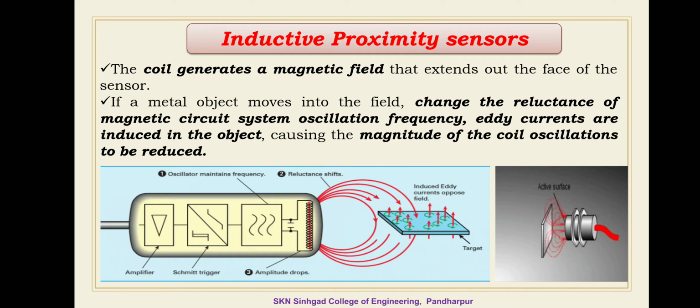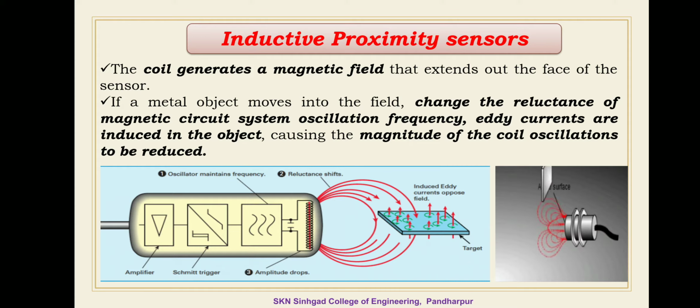In an inductive proximity sensor, the coil generates a magnetic field that extends out the face of the sensor. The figure shows an inductive proximity sensor. It consists of an amplifier, then a trigger circuit, and amplitude drops.